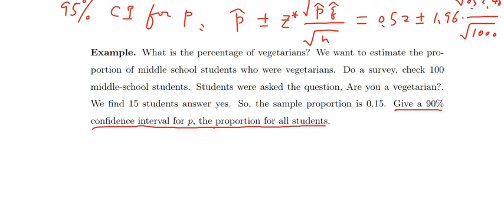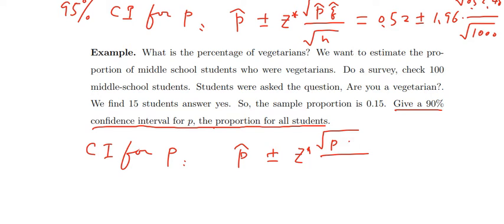Okay, so here actually there's a formula. We can write it down. The confidence interval for p can be thus: p hat plus or minus z star, where sigma becomes the square root of pq over n. But pq we don't know, so we just replace pq by p hat q hat.